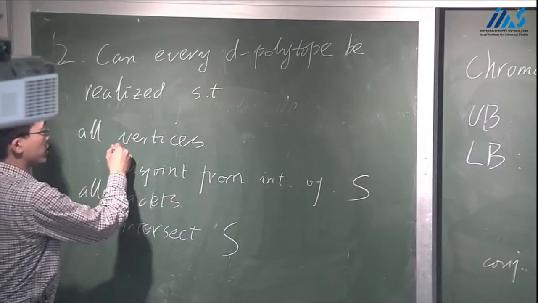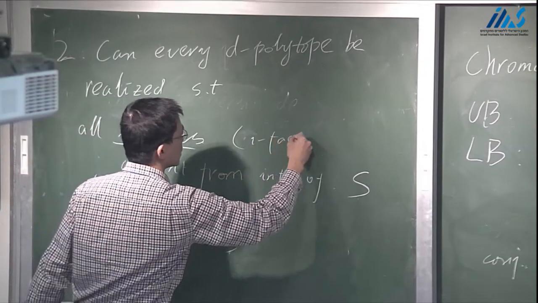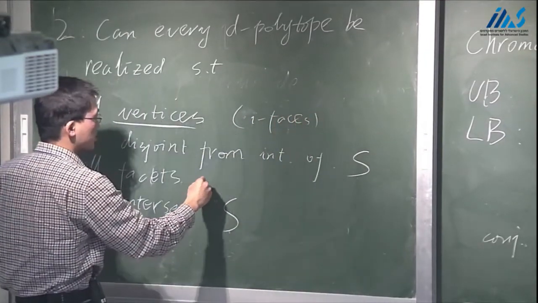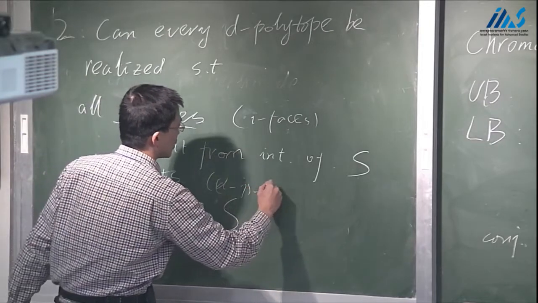So you can replace vertices by any j-dimensional faces, and facets by any d minus j dimensional faces.